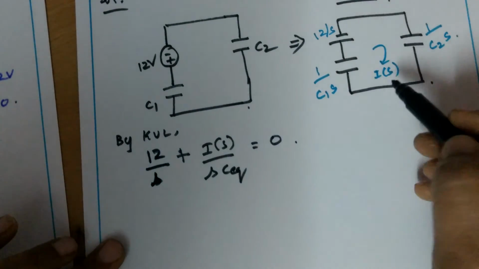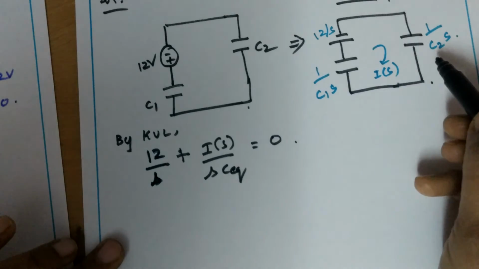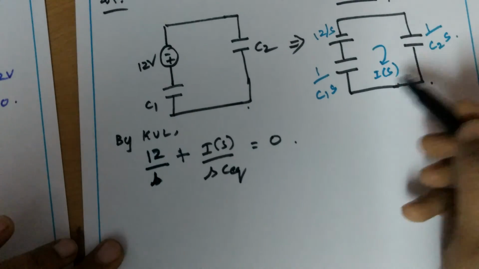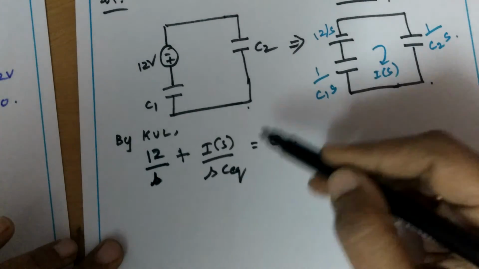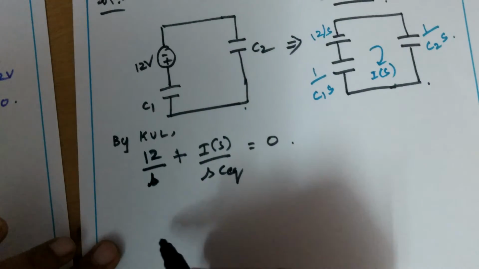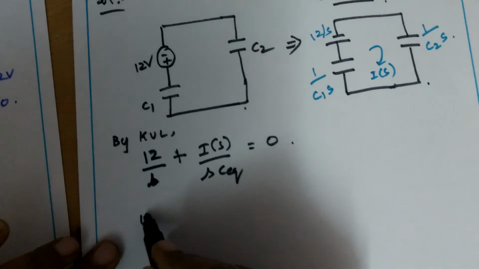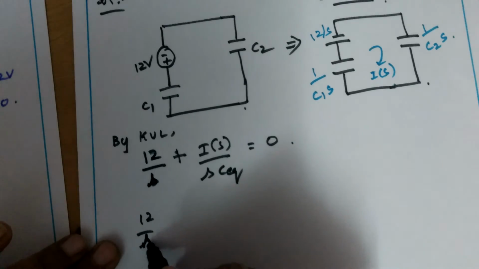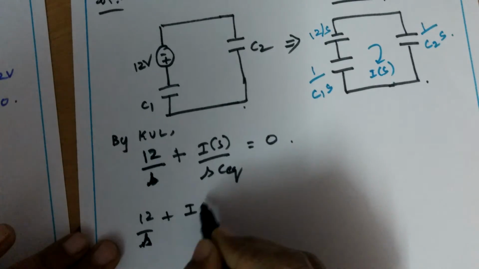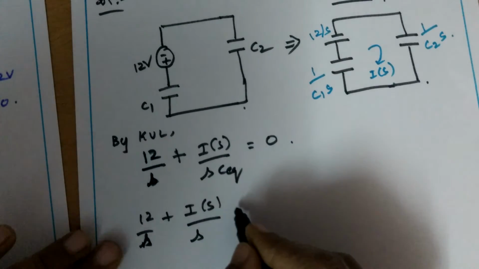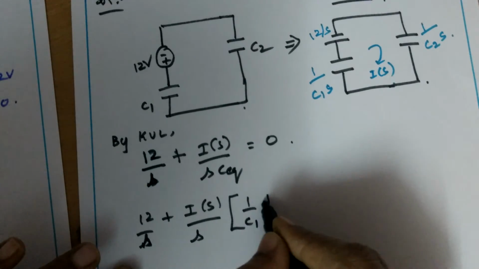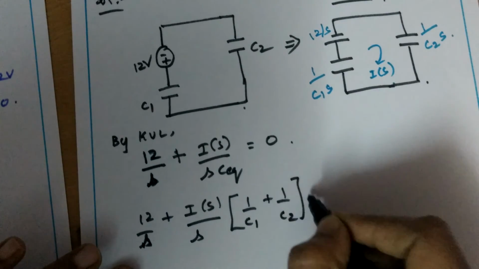So here two capacitances are in series. Series condition means 1 by C equivalent equal to 1 by C1 plus 1 by C2. So we can substitute that. So 12 by S plus I of S by S into 1 by C1 plus 1 by C2 equal to 0.